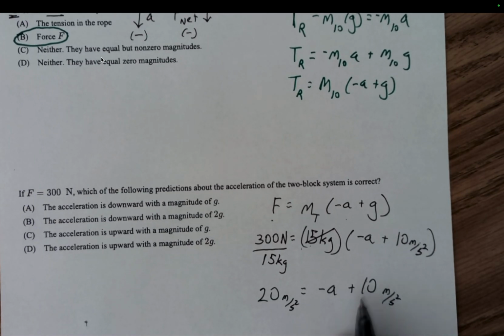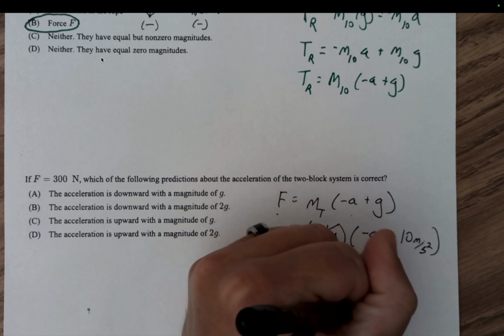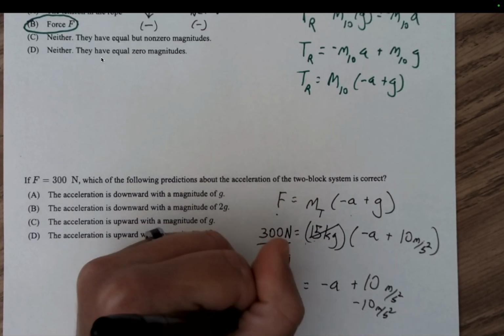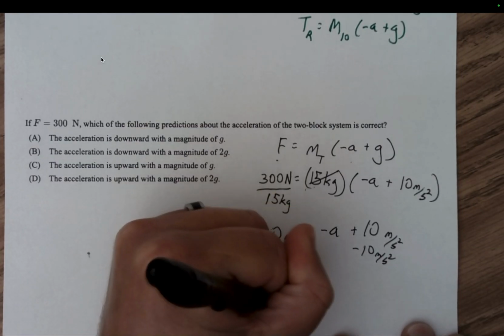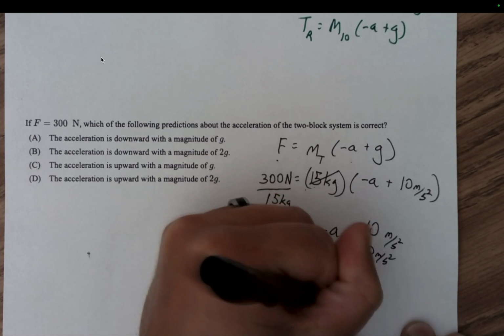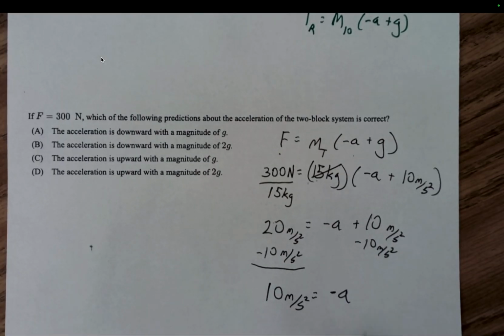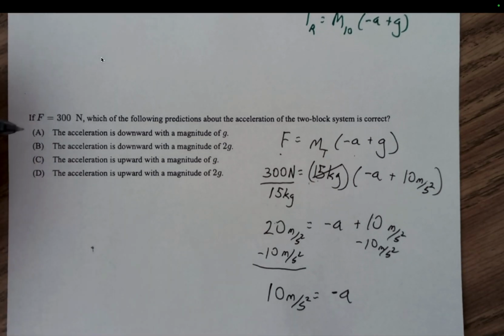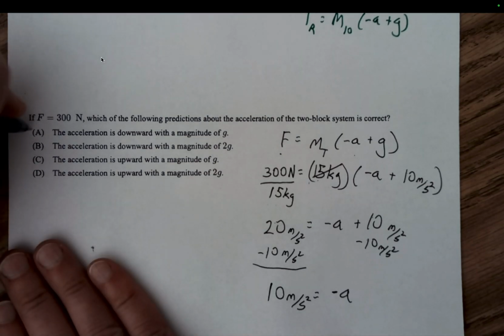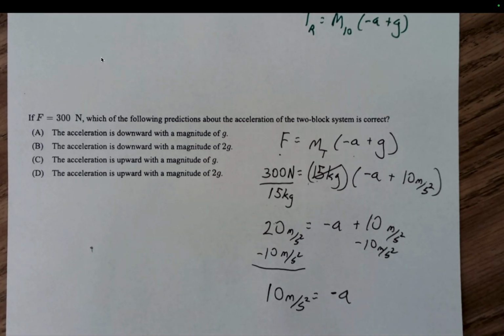I'm going to move this 10 over by subtracting 10 meters per second squared from both sides, giving us 10 meters per second squared equals this negative A. So what we see here is that this acceleration, which is accelerating down, just as we said before, accelerating down at this value of 10, which is our acceleration of a value of g. So this acceleration here would be this value of g.